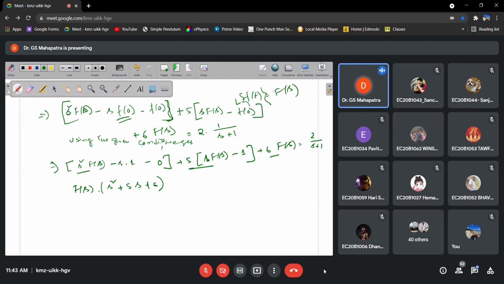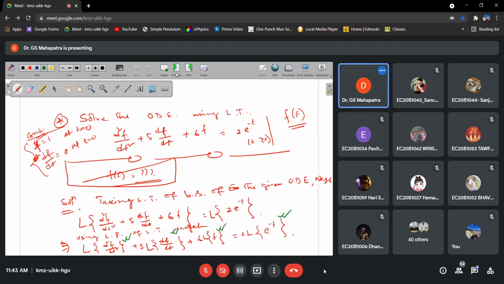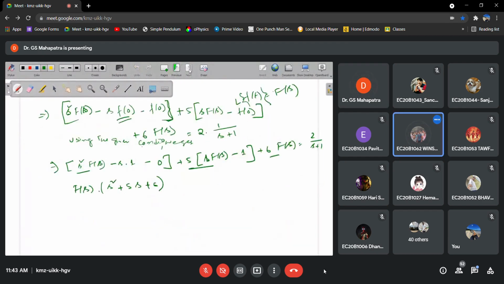I have to go back then. 6 only. Sorry, sir. How can you write t? Here it looks like t, sir. If I write x, then it will be better, I think. It's a differential equation, sir, but since we have studied only f of t, that's why I am writing. Okay, na. Yes, sir.